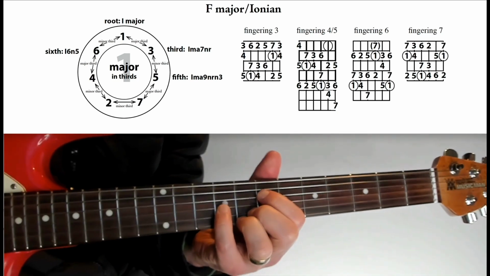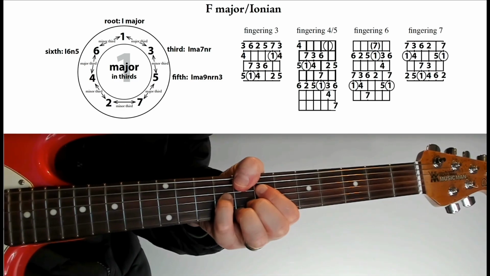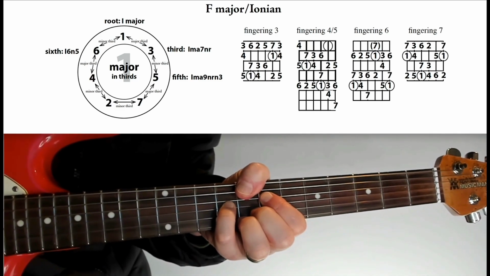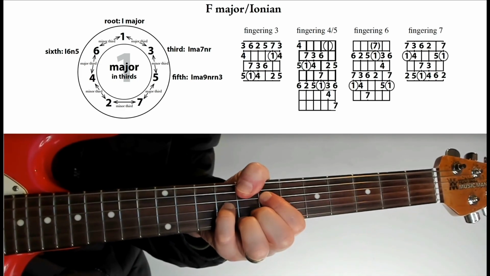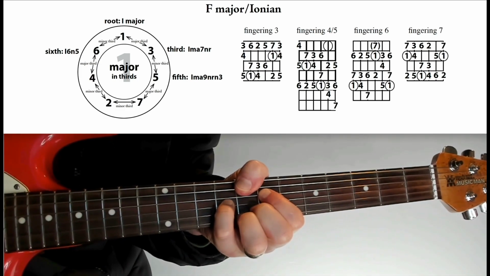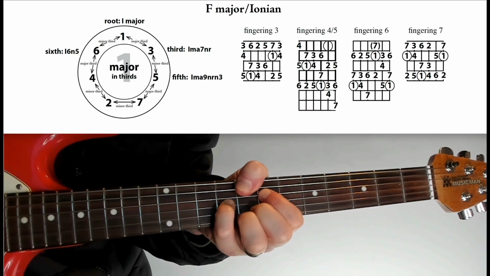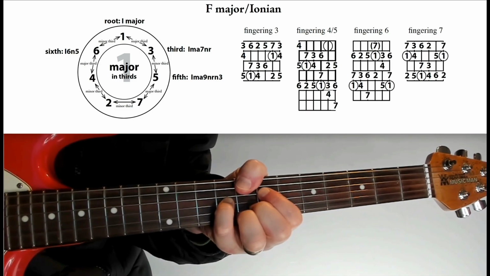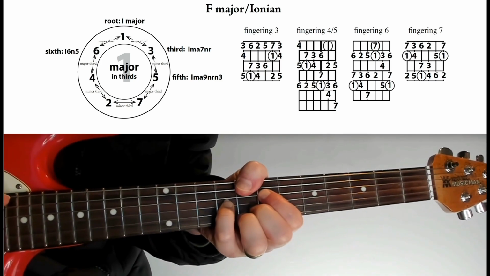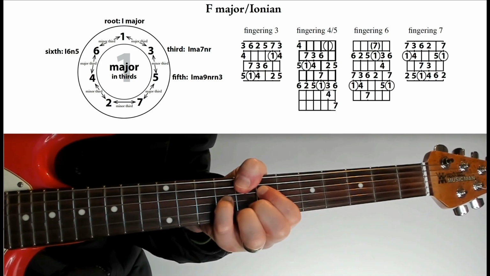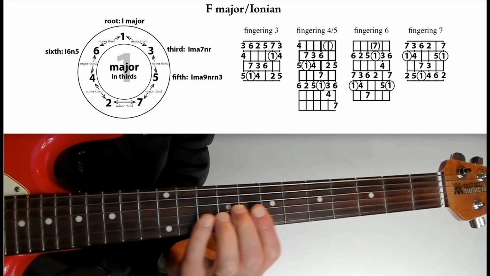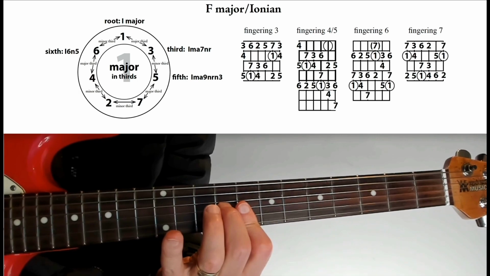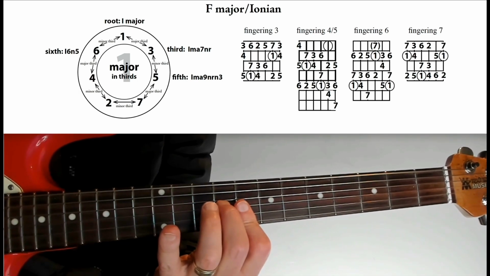But if I finger it like this and fret the F on the fifth string with my thumb, not easy, then I have F, A, C on the first string, E on the third string, and G on the second string. So all the notes of F major ninth. But the C major triad part is F major ninth, no root, no third.